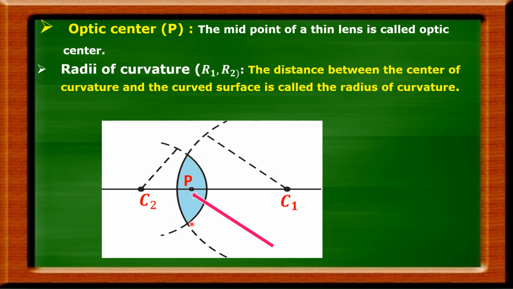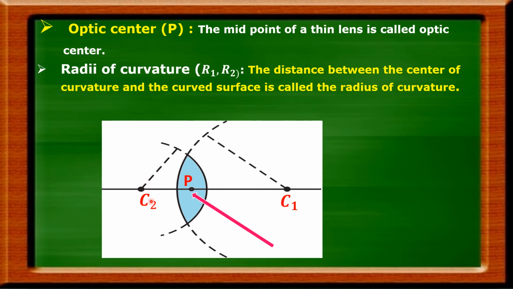According to the definition, if you take this center of curvature and this curved surface, the distance between the center of curvature and the curved surface is called the radius of curvature. So here also, for this curved surface, this one is the radius of curvature.